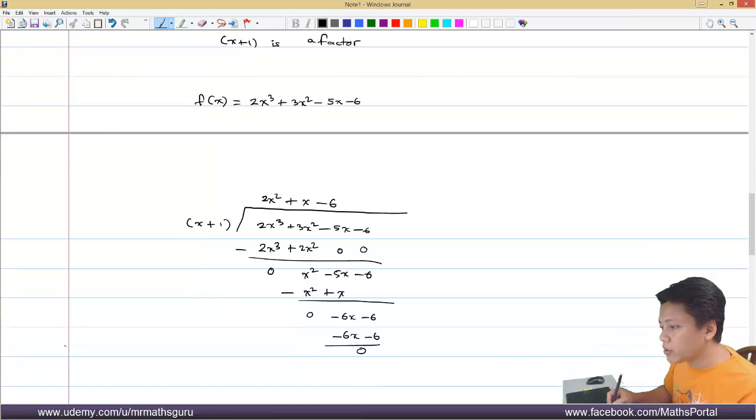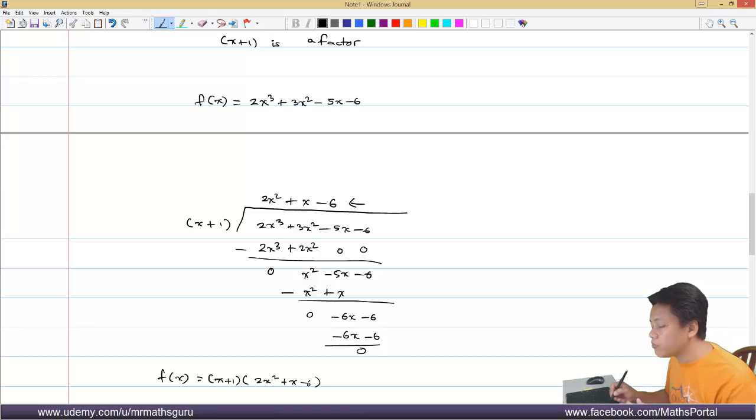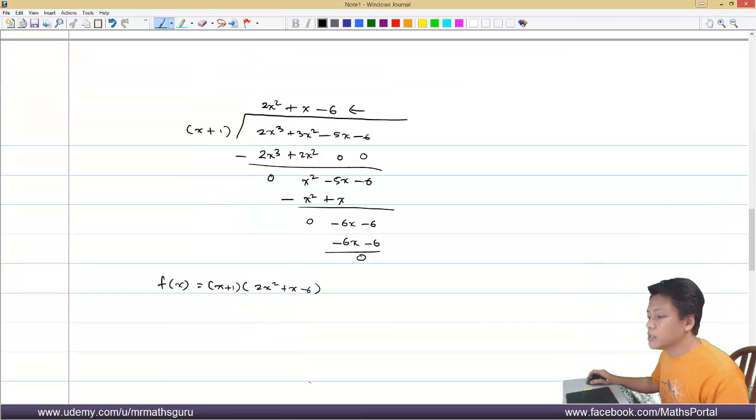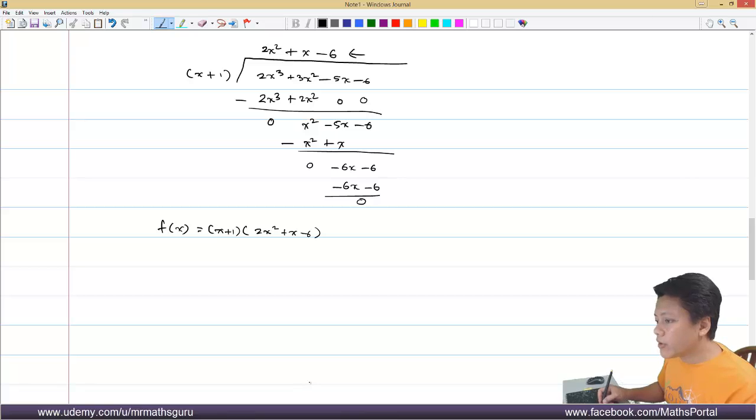So from here, we know that f(x) is equal to x plus 1 times this. If you know how to perform this kind of division, then it's going to be a lot simpler than method 2. From here then we can factorize. What values did we get just now? 2 and 3, right here.